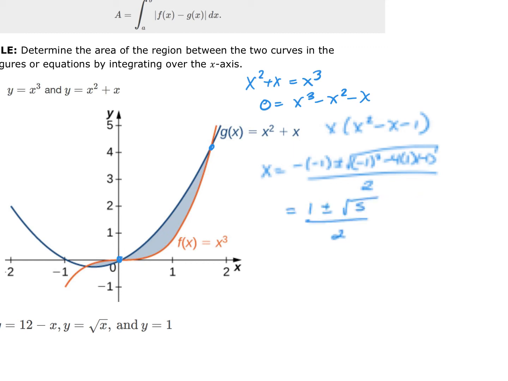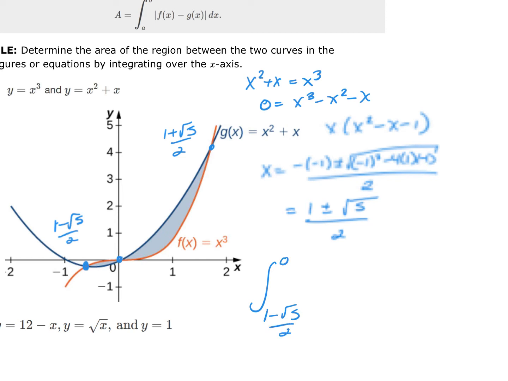All right, so I now have my three limits. Here is 1 minus the square root of 5 over 2, and this one is 1 plus the square root of 5 over 2.